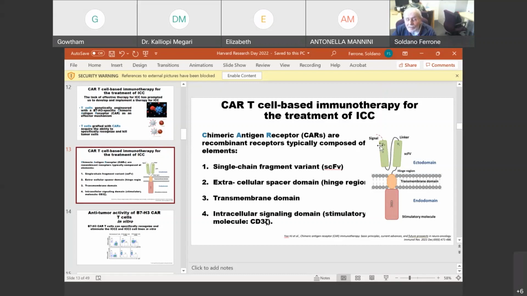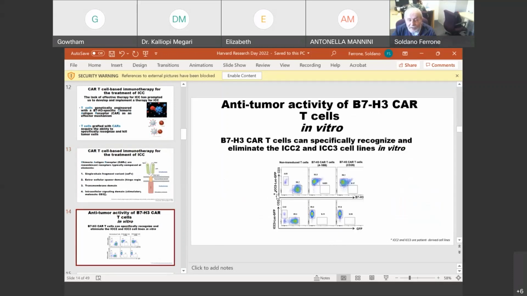So what happens when the recognition domain identifies a tumor antigen, this will trigger several signals which will activate the T cells which have been genetically modified. And as a result, the CAR T cells will acquire the ability to specifically eliminate the tumor cells which express the targeted tumor antigen.